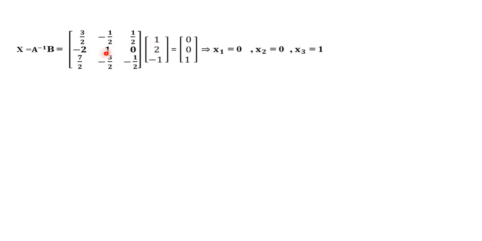Minus 2 into 1 plus 1 into 2 plus 0 into minus 1 is equal to 0. 7 by 2 into 1 plus minus 3 by 2 into 2 plus minus 1 by 2 into minus 1 gives 1. So we get the three values x1 equal to 0, x2 equal to 0, x3 equal to 1. This is the unique solution of the given system of equations.